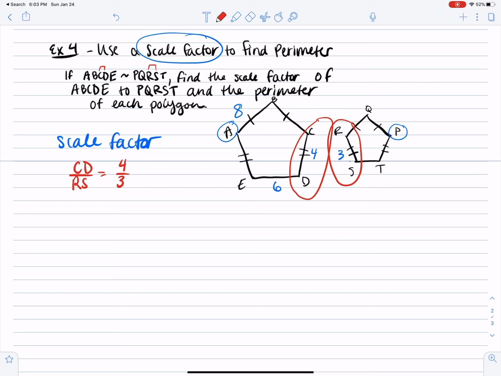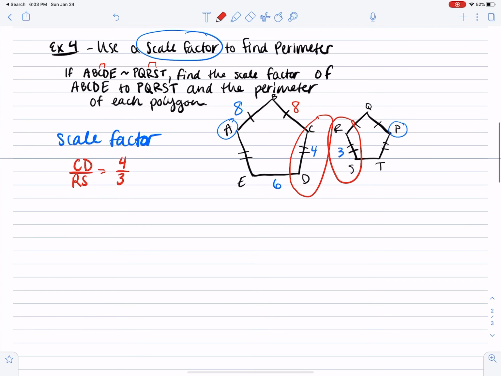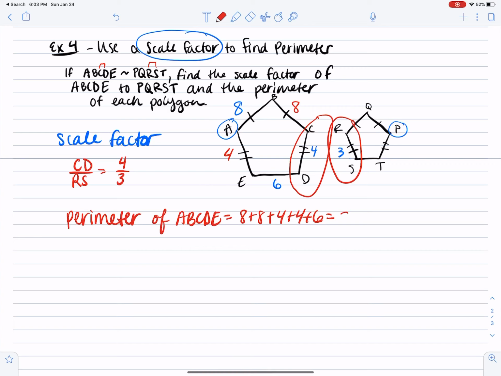So remember, we're trying to find the perimeter. So first we can easily just find the perimeter of A, B, C, D, E. So this is 8, and it's congruent to this side over here, so that's 8. This is 4. Oh, so that's going to be 4 because those two are congruent, and then 6 is already given. So the perimeter of A, B, C, D, E is 8 plus 8 plus 4 plus 4 plus 6, which is 30. And then our scale factor, we need to use that to help us.